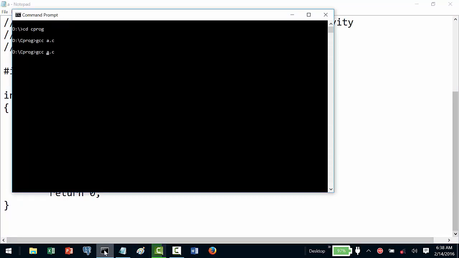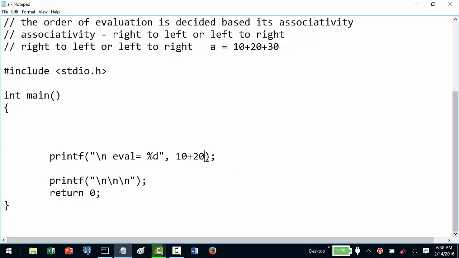Okay, so we have 30. Now if I have one more 10, our understanding of this expression is, how does this actually work? Am I trying to look at something like this, or am I trying to say that first 20 plus 10 gets evaluated first?